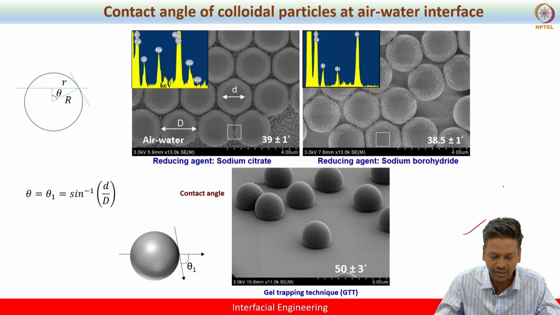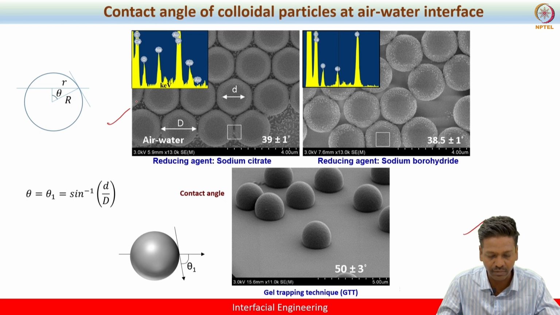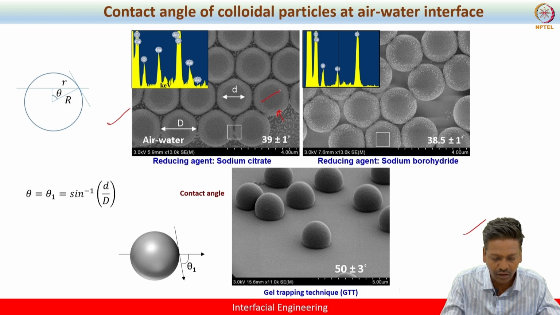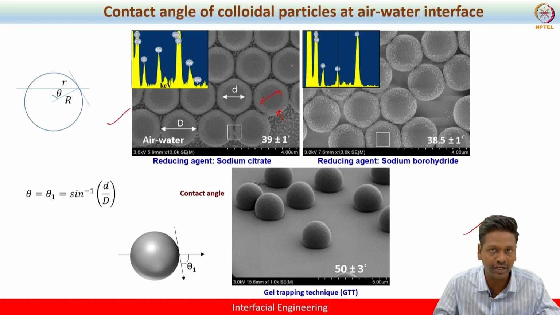Now we'll see how this measurement is done. You can see that for the air-water interface case, this is how the scanning electron microscopic image looks. The shiny part is the deposition. It indicates that nanoparticle deposition has been done, whereas this dark part represents that no such coating has been done.